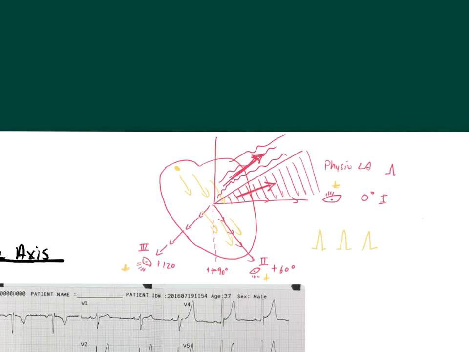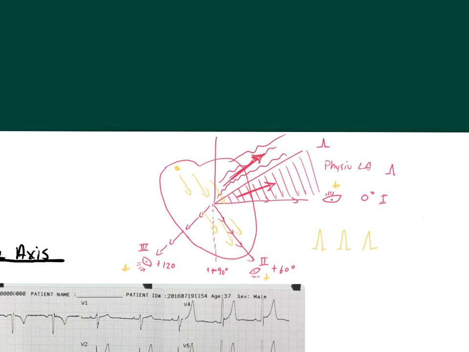Or just the limb leads. Yeah, so lead 1 is going to be what? Positive. Yeah, so regardless of the type of LAD you're dealing with, lead 1 is always going to be upright because lead 1 is on that left side, right? And you are definitely shifting away from leads 2 and 3.